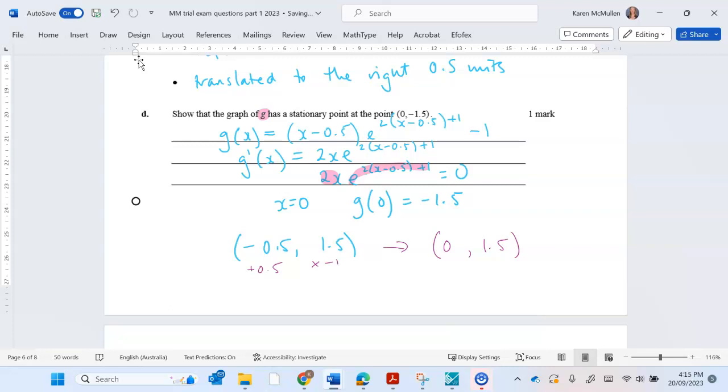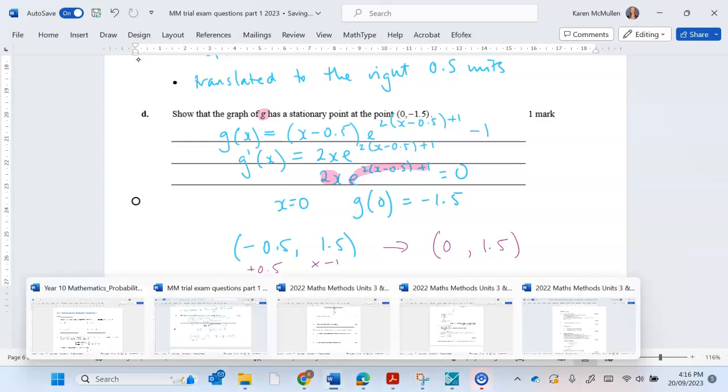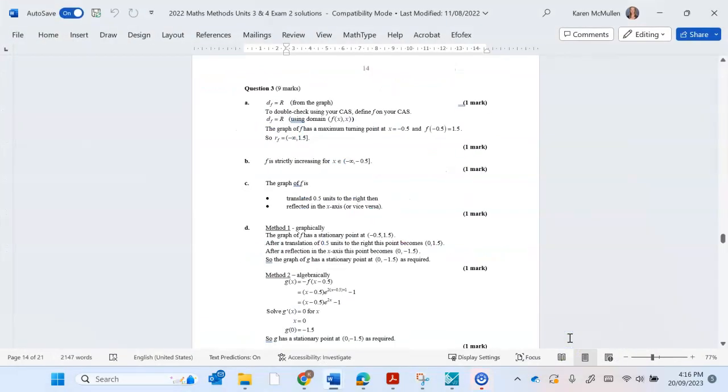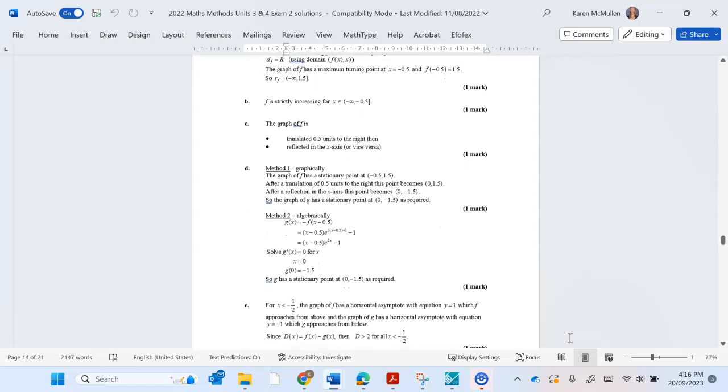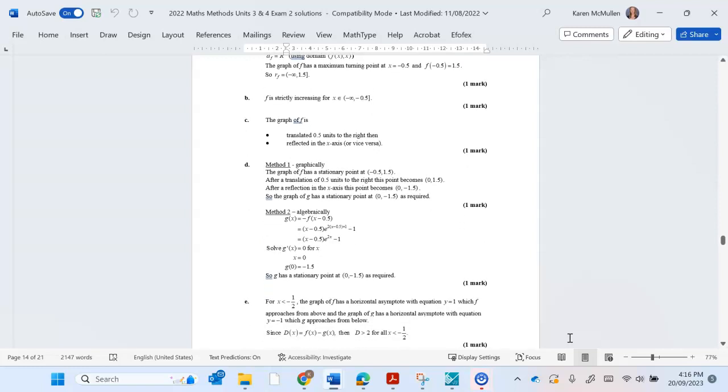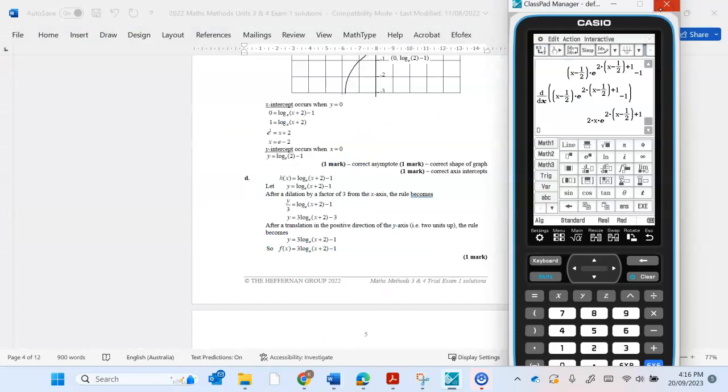It's a show that question, so I kind of feel like doing the mapping is not enough, but maybe it is. Let's have a look at what the solutions were. Oh yeah, so they used the mapping, method 1, and we did it algebraically.